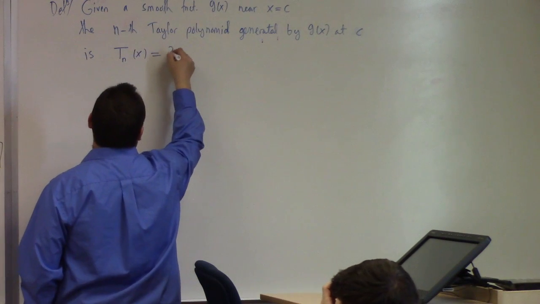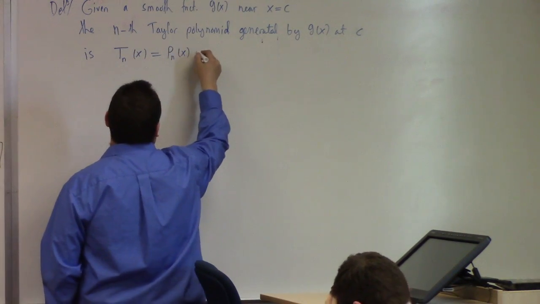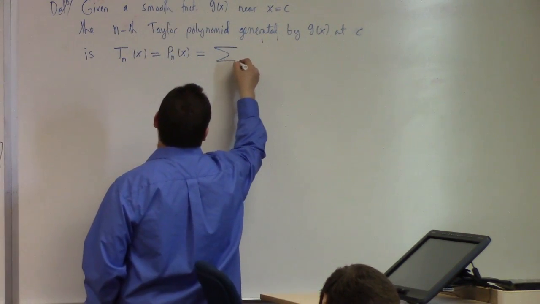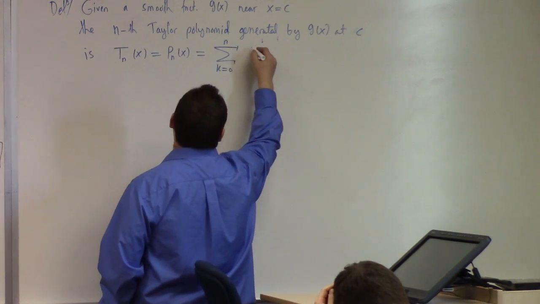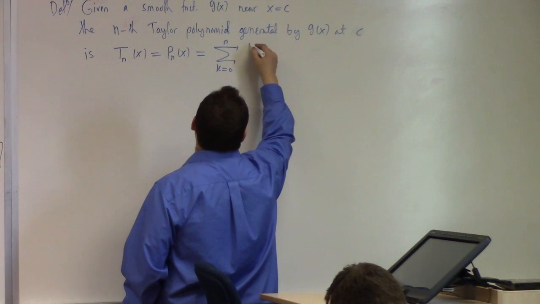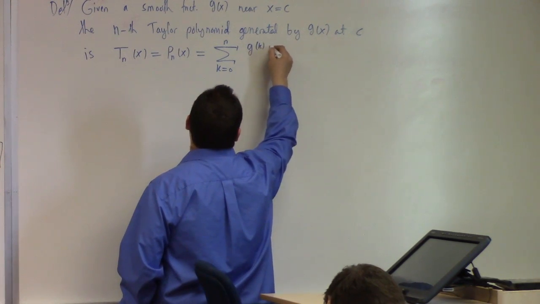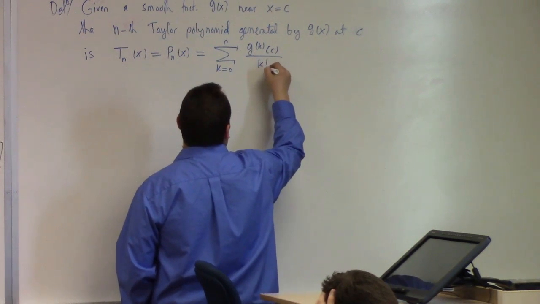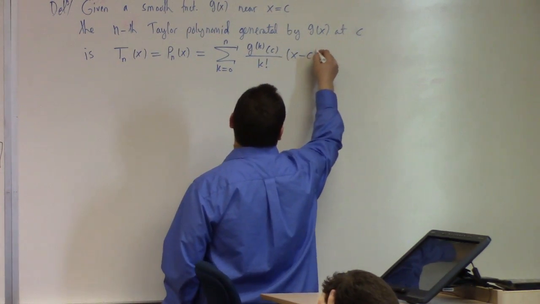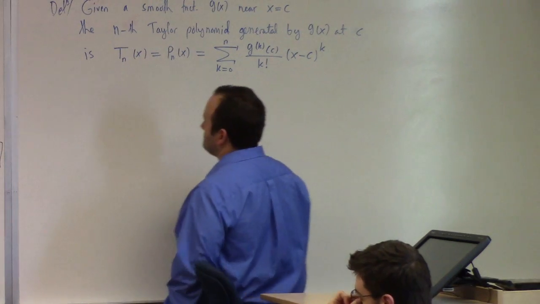I think your book uses P_n of x. Anyway, it's the sum k equals 0 to n of the kth derivative of g at c, divided by k factorial, times x minus c to the k-fold power.